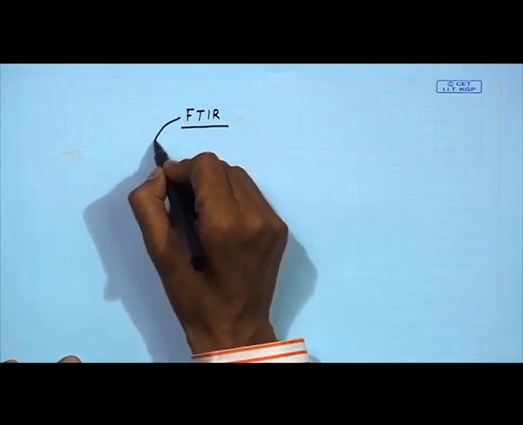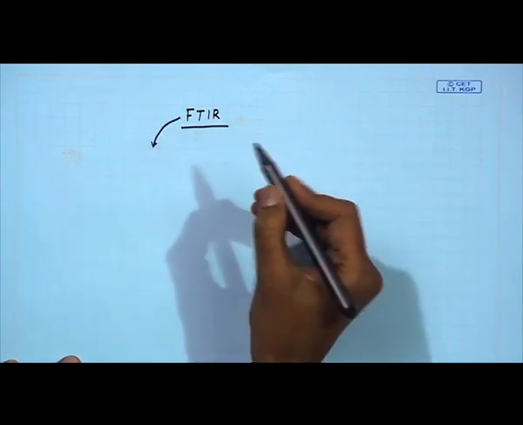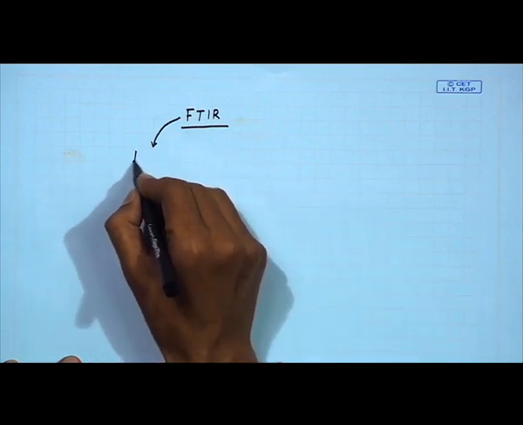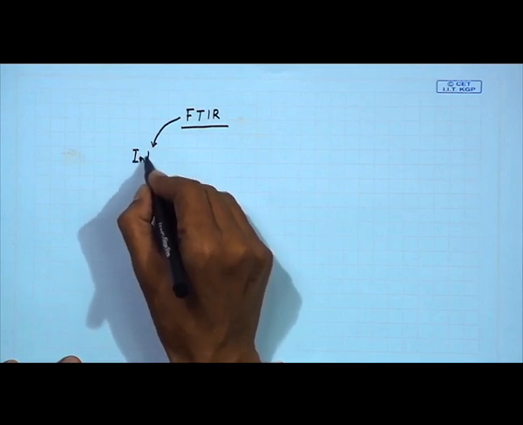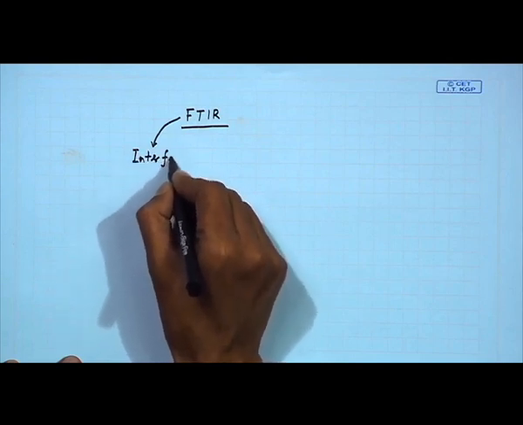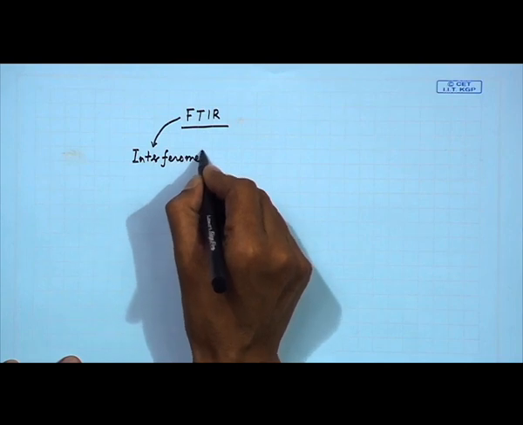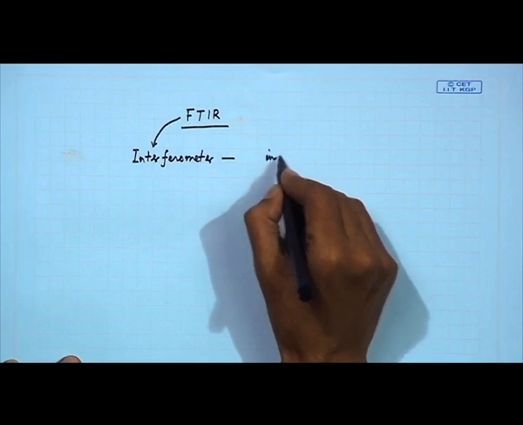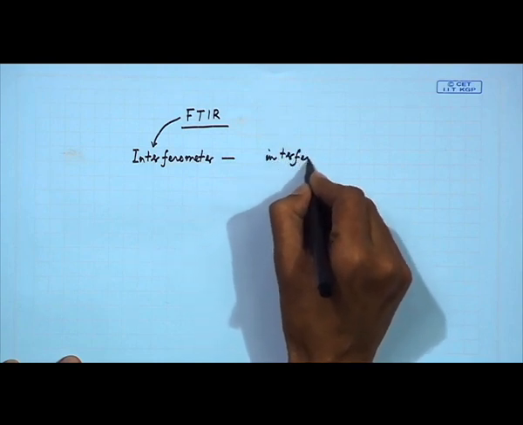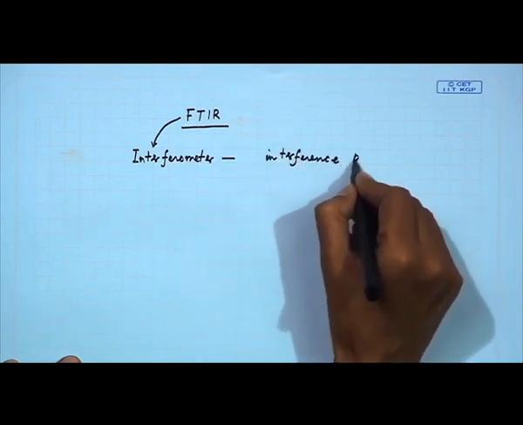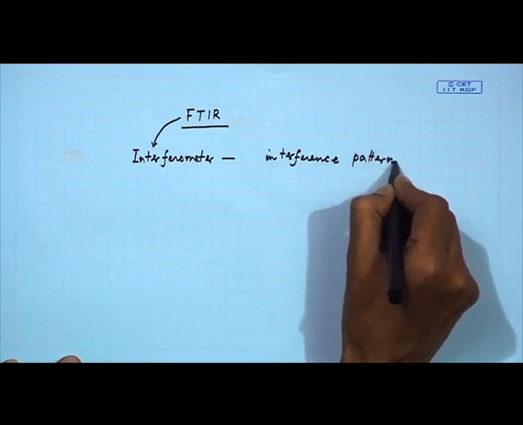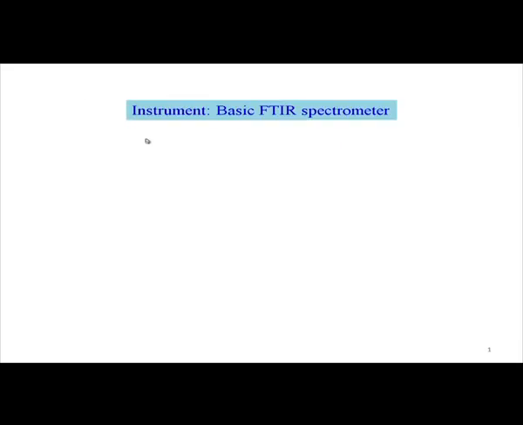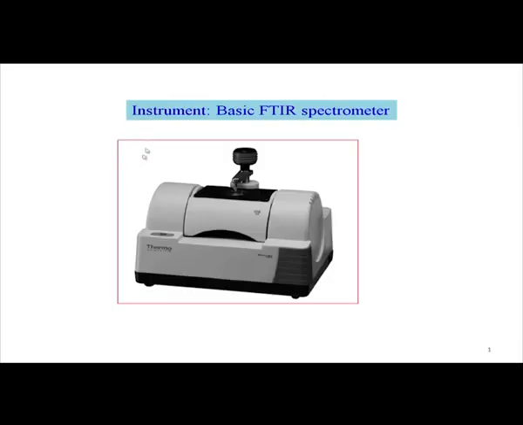One of the basic and most important parts of this instrument, what we have seen in our previous class, is the corresponding interferometer, which is needed to get some interference pattern. So, all these things are there within the very basic components of an FTIR spectrometer, what we have seen.